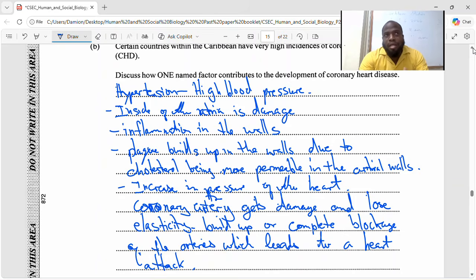And now cholesterol helps with the building up of plaque within the artery. That causes the opening to become smaller, hence the pressure. When the coronary arteries come under intense pressure, they're working overtime, and thus they themselves start to lose elasticity. The more the plaque builds up, the more blockage, and if it blocks it entirely, then you can suffer a heart attack.